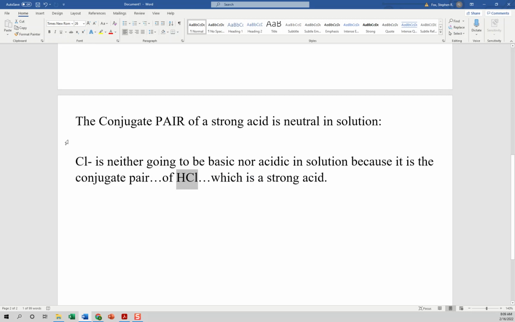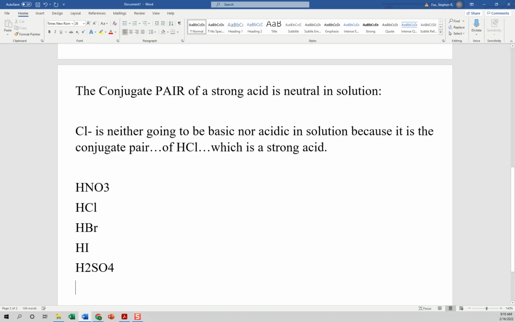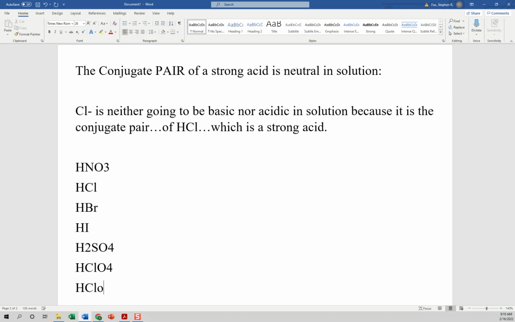And so that's why I'm saying the conjugate pair. But the conjugate pair of a strong acid, so if we list our strong acids: HNO3, HCl, HBr, HI, H2SO4, HClO4, HClO3.